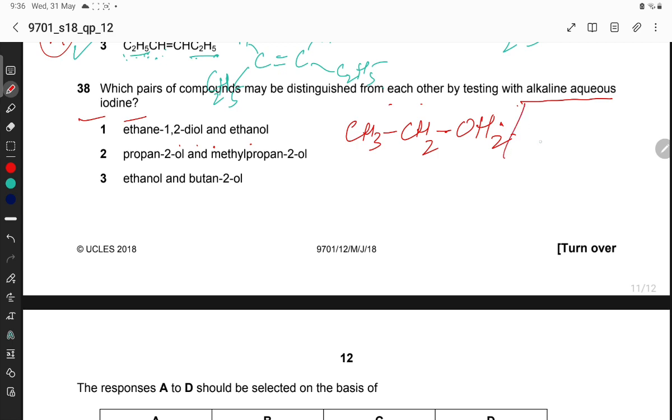Ethane, this is the second compound, ethane-1,2-diol, CH2OH, CH2OH.